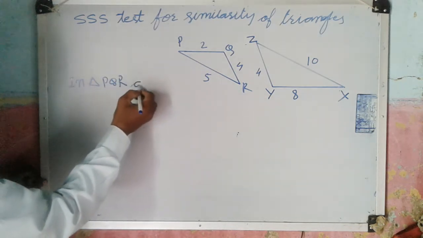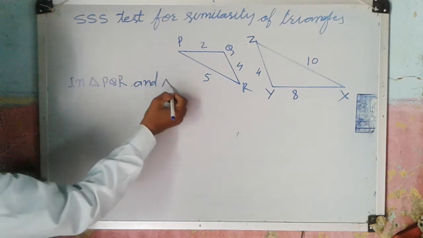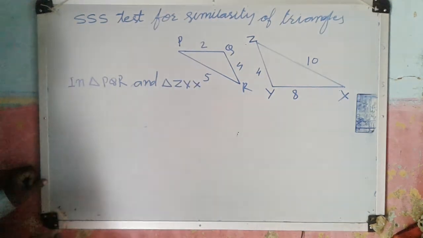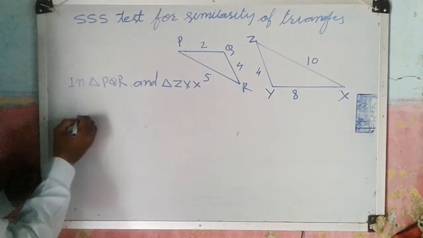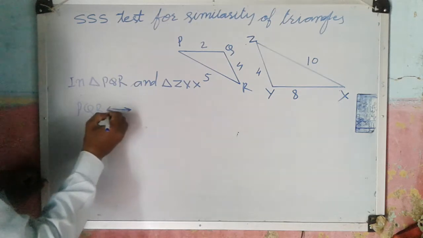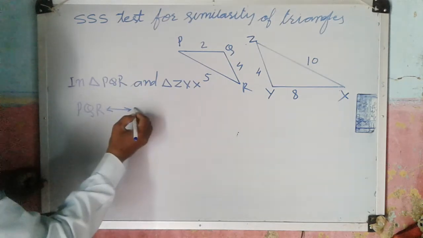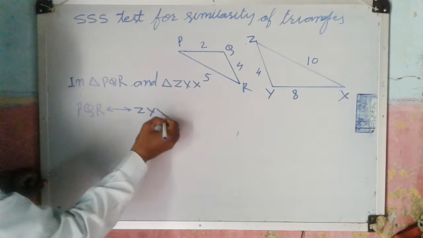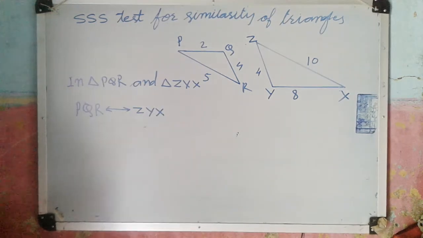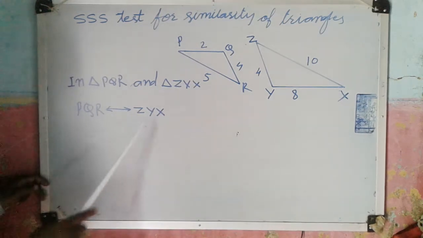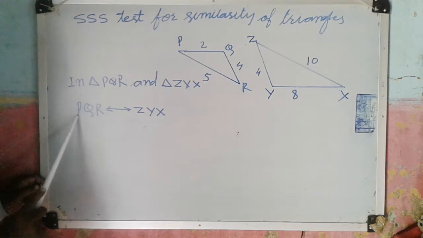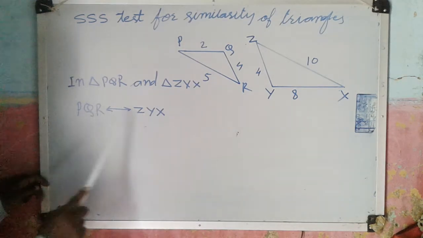So in the correspondence PQR to ZYX, this symbol indicates that PQ and ZY are corresponding sides.